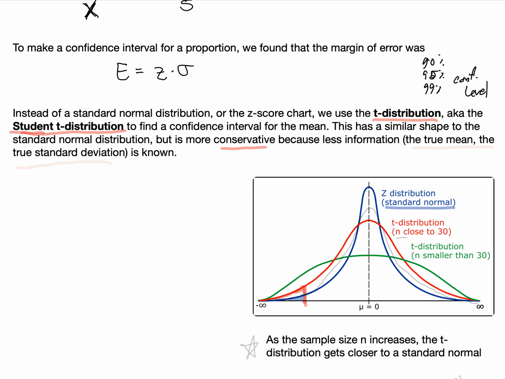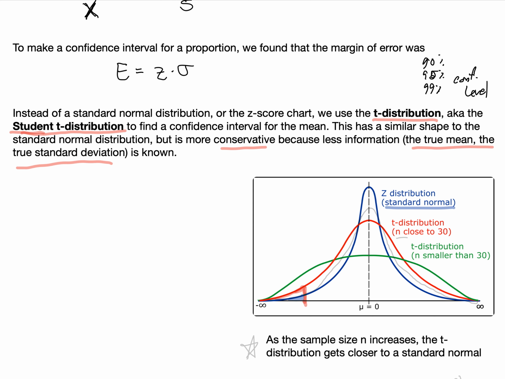So this data is more spread out to make room for more uncertainty based on having less information, not knowing the true mean and the true standard deviation of the population, but only having this information to extrapolate from a sample.